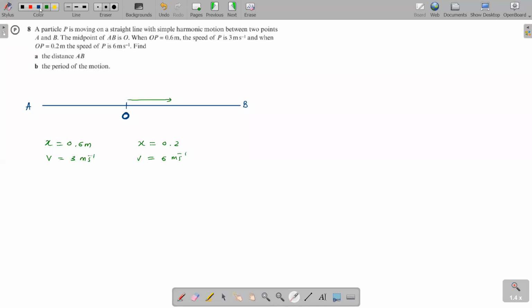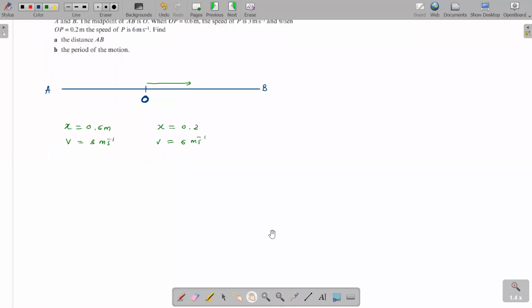Okay, so all you have to do here is to create two equations. To get the amplitude, we mainly use the equation v squared equals omega squared times (A squared minus x squared). But you can see over here that we do not know A, which we are trying to find, and we also don't know omega. That's why they've given you two sets of data.